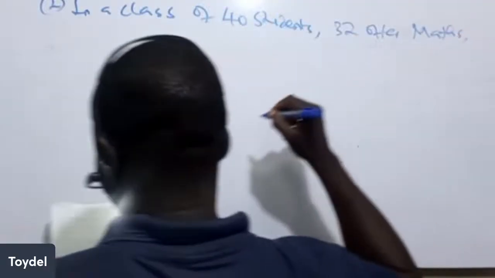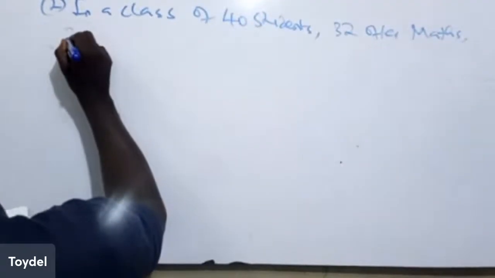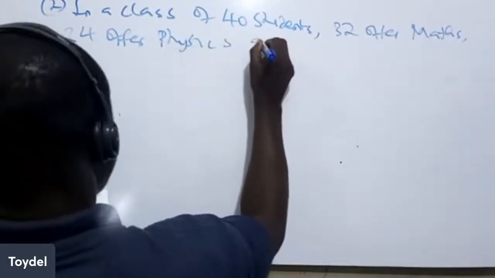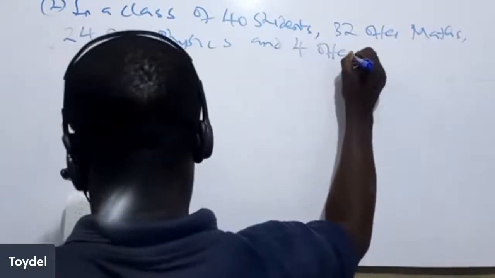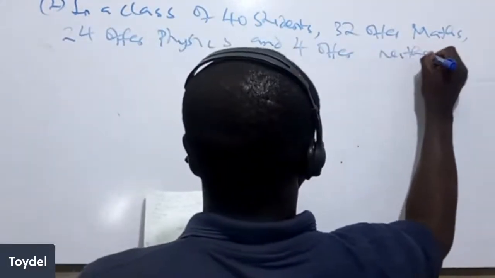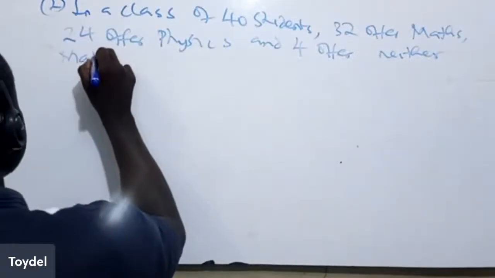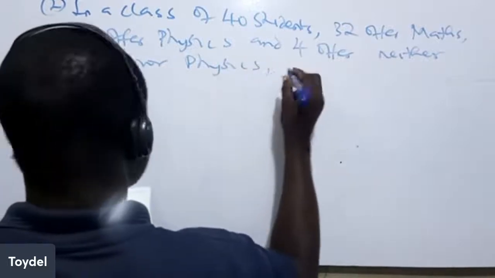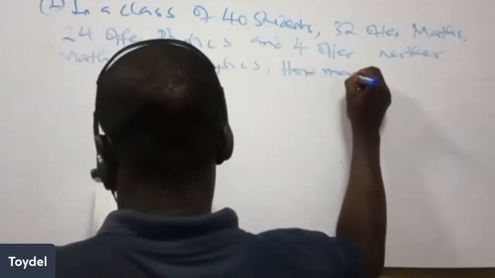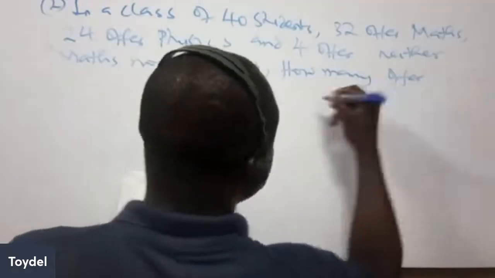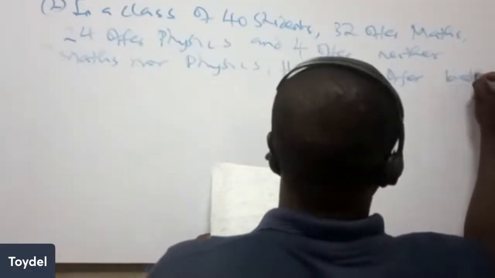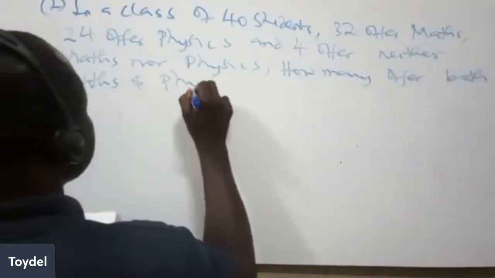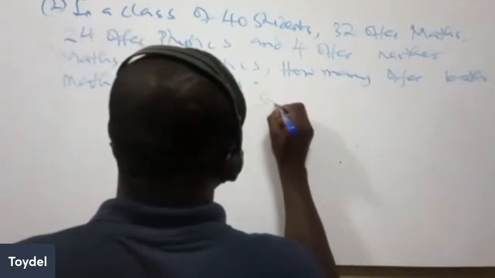Let's abbreviate. 32 offer mathematics, 24 offer physics, and 4 offer neither mathematics nor physics. So the question now says, how many students offer both mathematics and physics. So that's what we want to find.